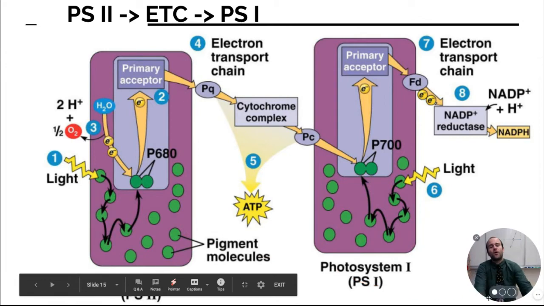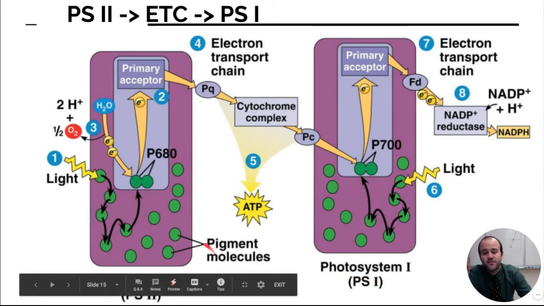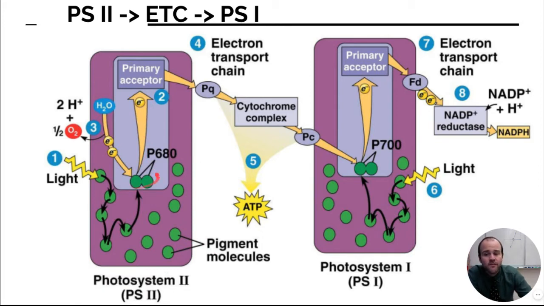So you're probably having flashbacks already to cellular respiration. That looks like an electron transport chain, and it is. There are three phases. There's photosystem 2 with P680 chlorophyll that absorbs light energy, getting electrons from water. It splits water into hydrogen ions and oxygen, and the leftover electrons get excited by light energy.